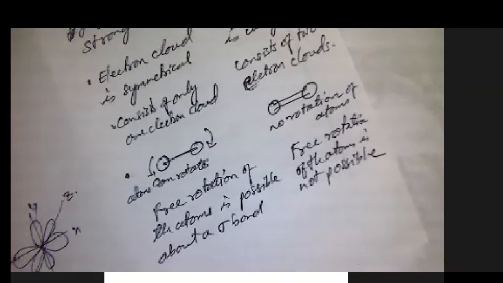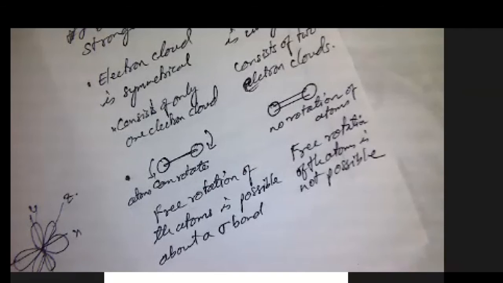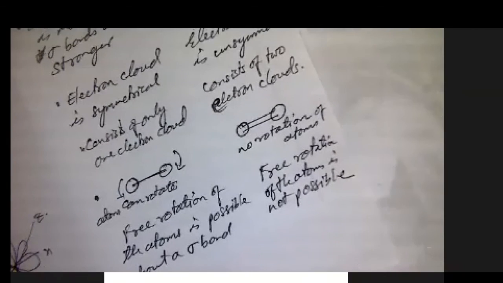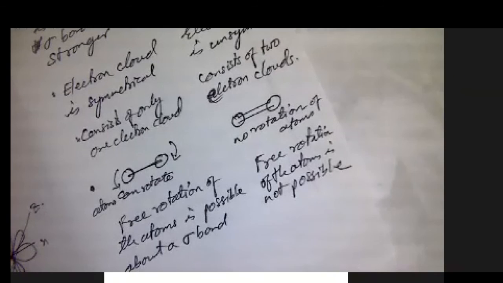Is it clear, all of you? Have you all copied? So all these things you have to know. One important point from here is sigma bonds are stronger than pi bonds. That is another important point. Another one is a pi bond can be formed only after the formation of a sigma bond.